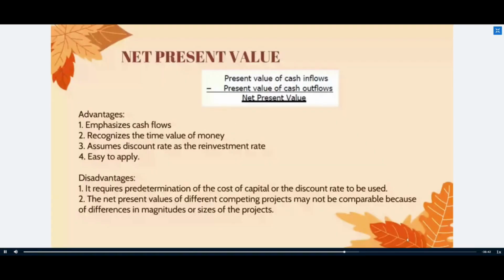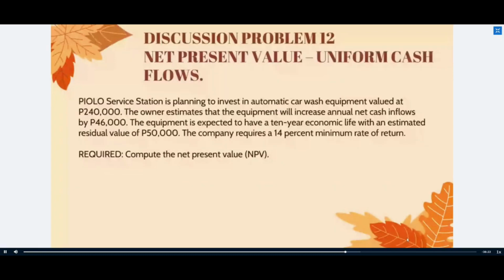Those methods that follow require the time value of money. So we have first the net present value. So sabi natin, present value of cash inflows minus the present value of cash outflows. So that's how to compute the net present value.